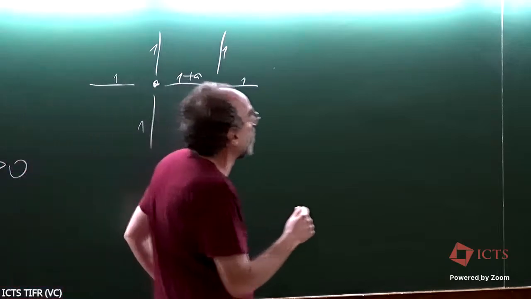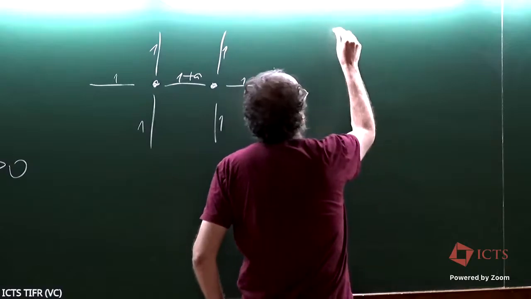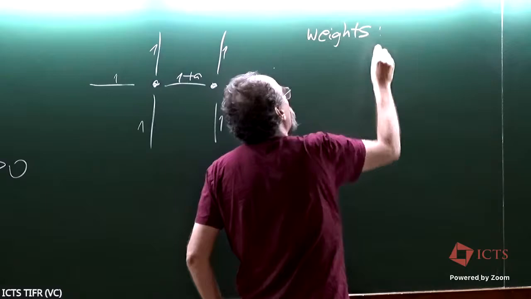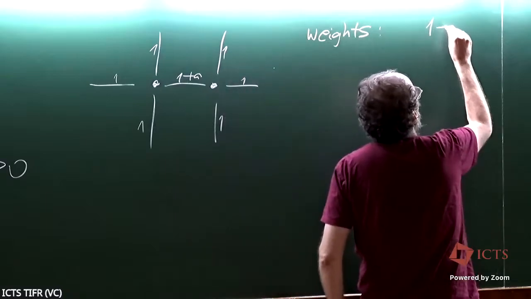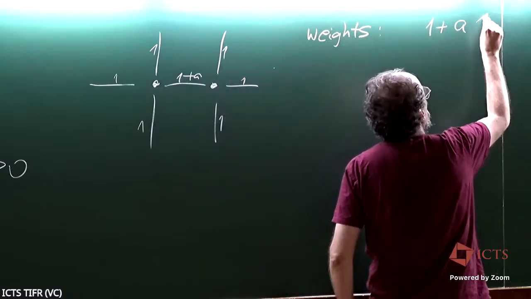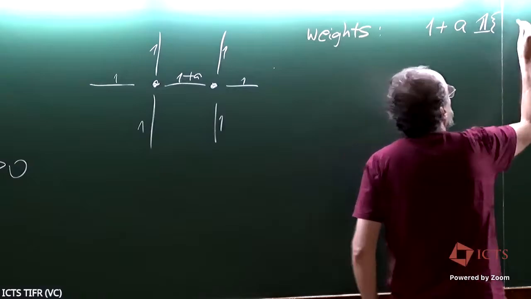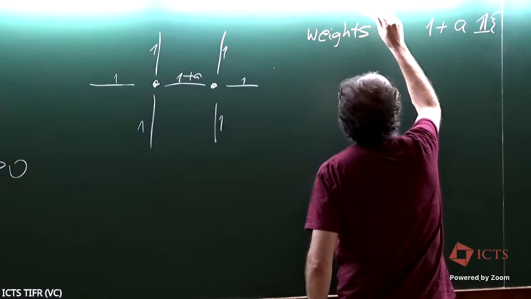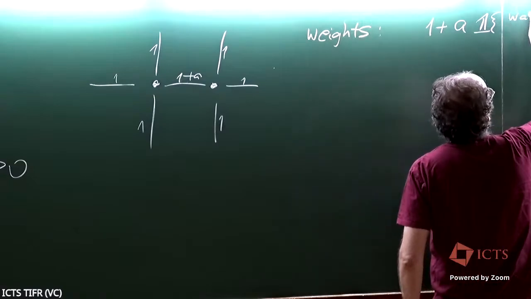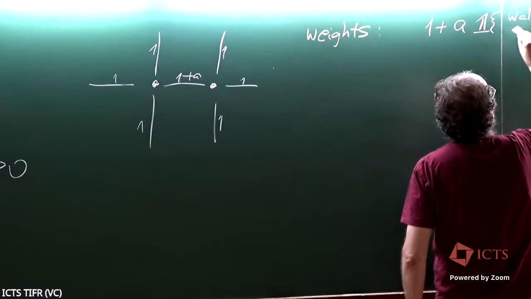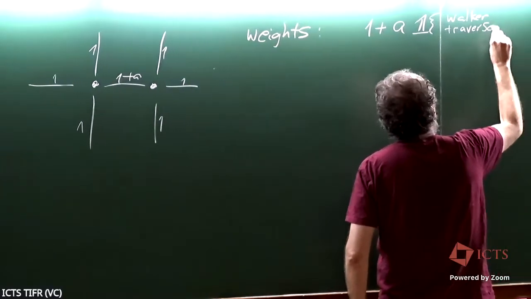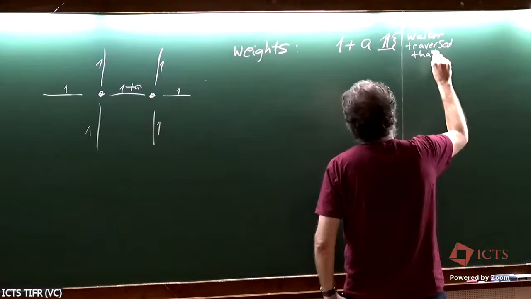Let me just write, so the weights are going to be 1 plus A times the indicator that the walker traversed that edge in the past, in either direction.